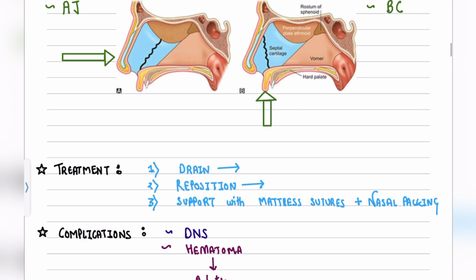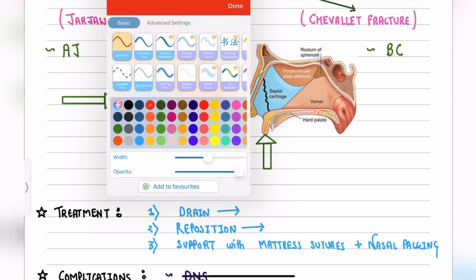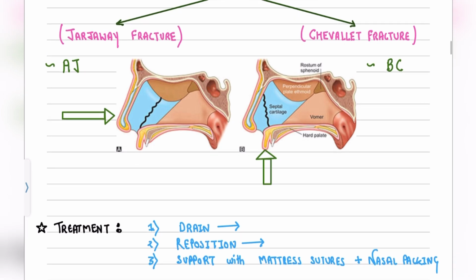Now let's talk about the treatment. How will we possibly treat the Jarjavay and the Chevalier fracture? First of all, as soon as the patient presents to you with some kind of trauma, or somebody hit him on the nose, we will immediately drain the hematomas, as hematomas might convert into abscesses because of infection. After draining the hematomas, we will reposition the broken fragments.